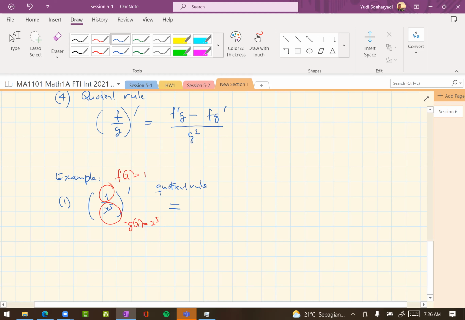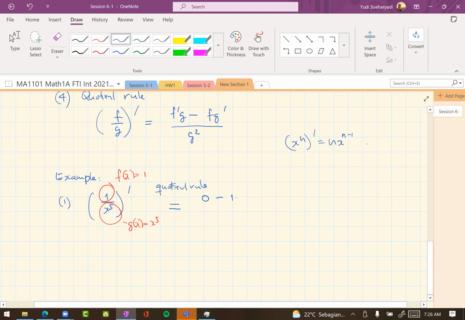What you have is the derivative of the first one, just 0. And f times g prime, so the derivative of g. So f is 1. And the derivative of x to the fifth, well, we derived this using binomial.